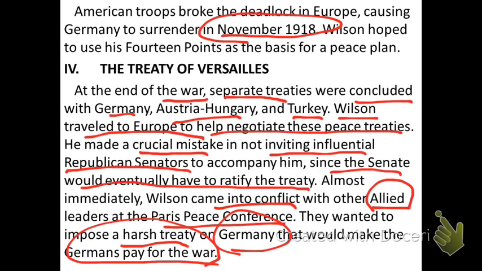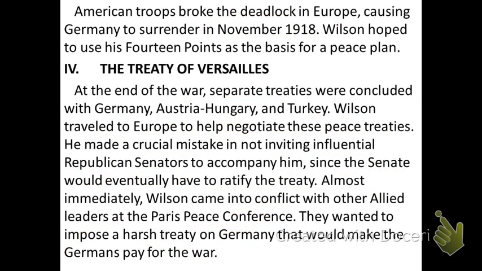Woodrow Wilson did not want the Germans harshly treated. He did not want them paying for the war. He felt that it was best that we end it as quickly as possible and get back to normal as quickly as possible. He, of course, was overruled by the others.